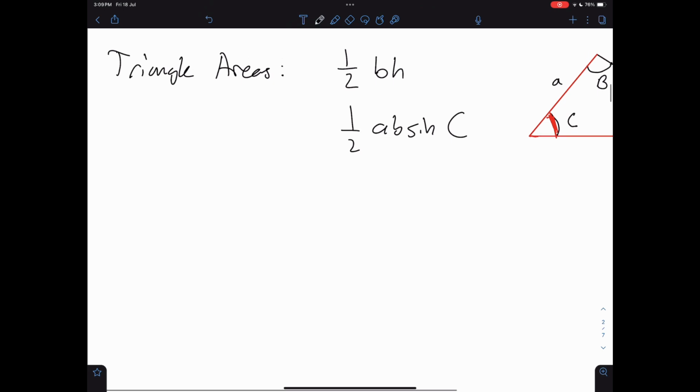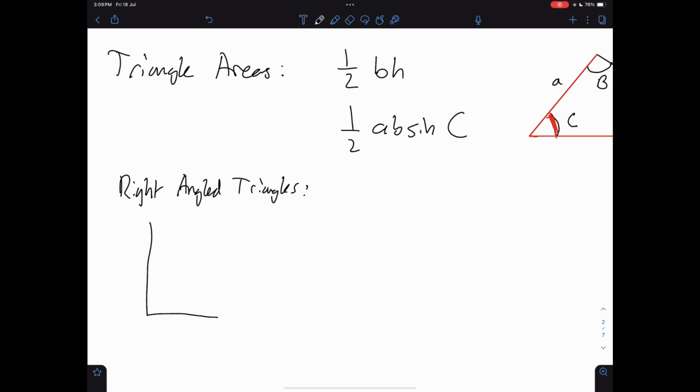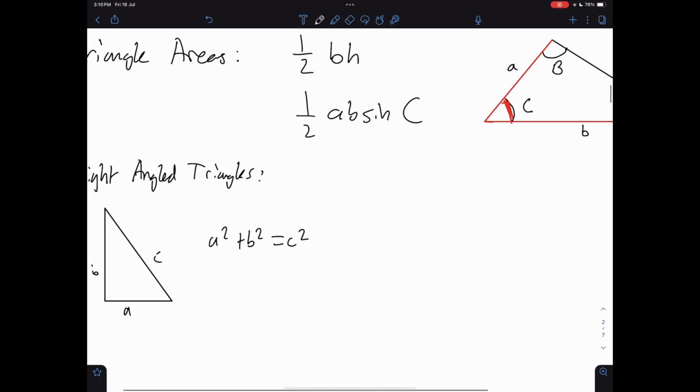And another one you want to remember is with your right angled triangles. A, B, C. Obviously A squared plus B squared equals C squared. And also, additionally, you need to remember SOHCAHTOA. So this is also in a right angled triangle.